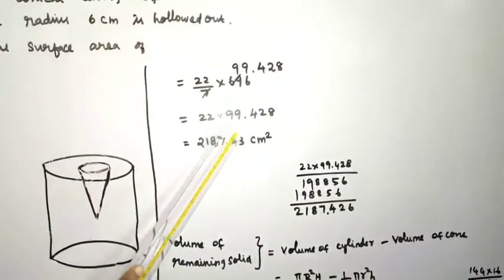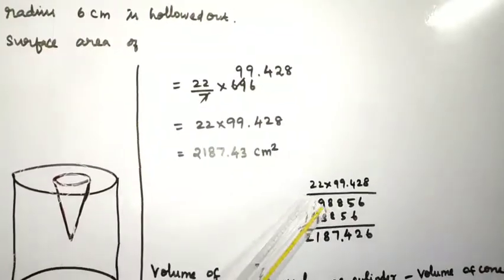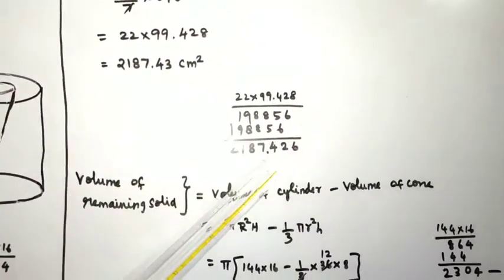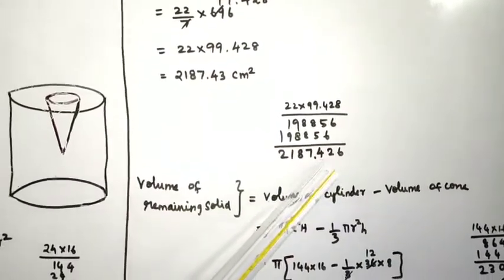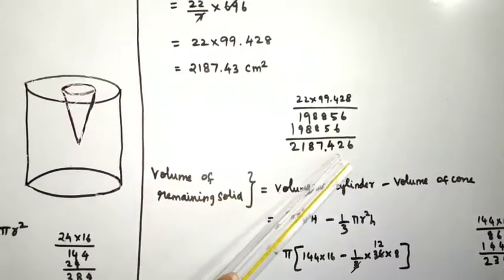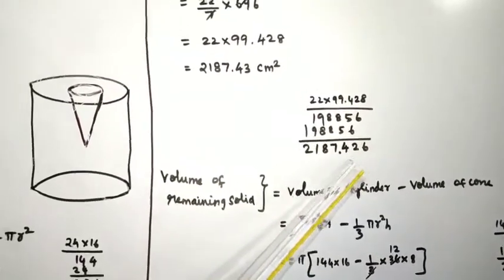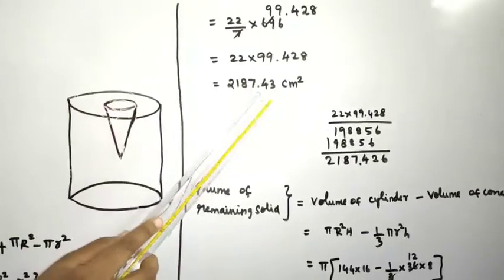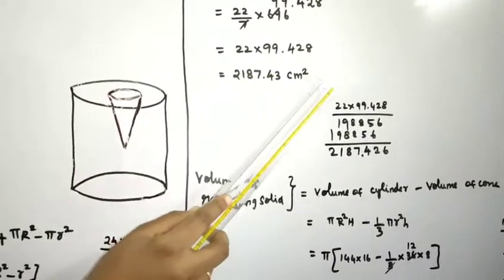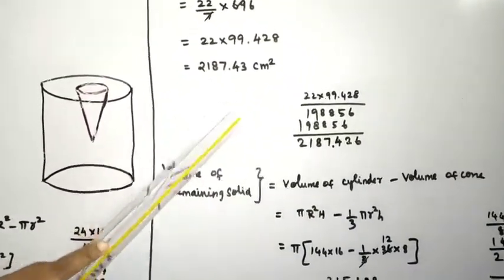So 22 into 99.428 means 2187.428. Round it up; after the decimal point you need only two numbers. So 2187.43 centimeter square. This is the exact book back answer.